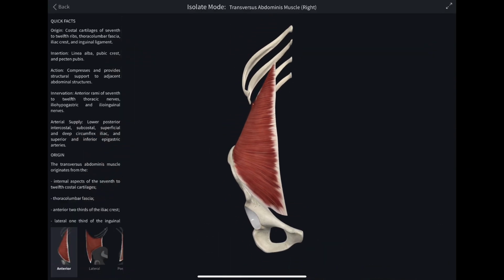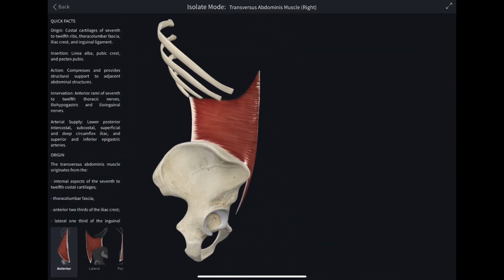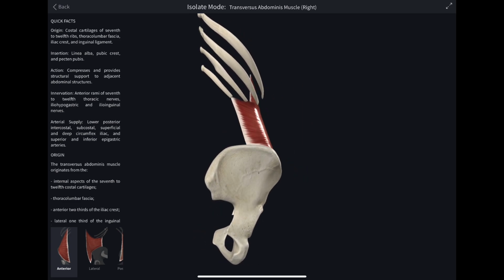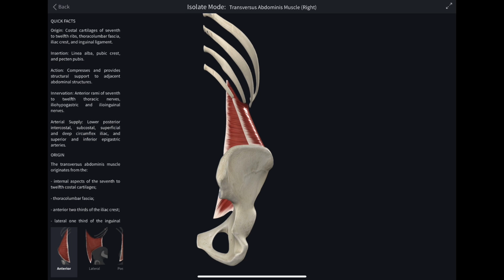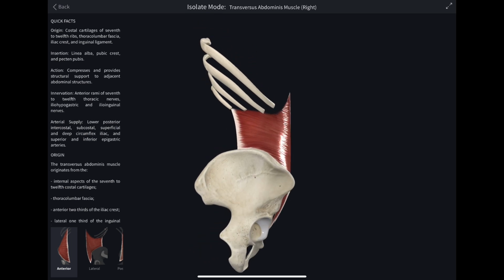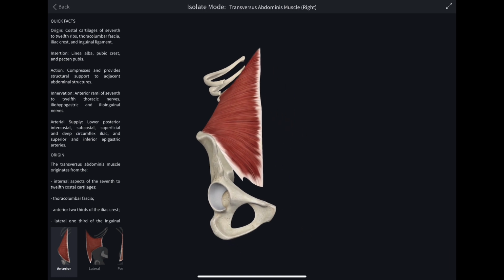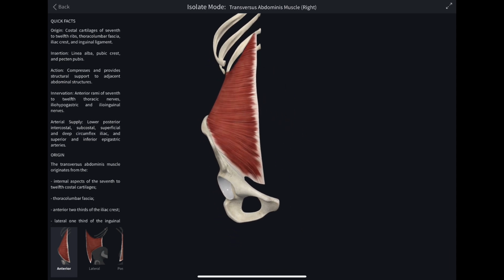In isolating this muscle, you could see where it originates, which would be the lumbar vertebrae around here, and it wraps all around to the anterior side next to the linea alba.